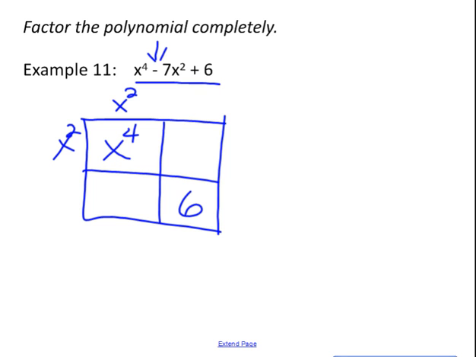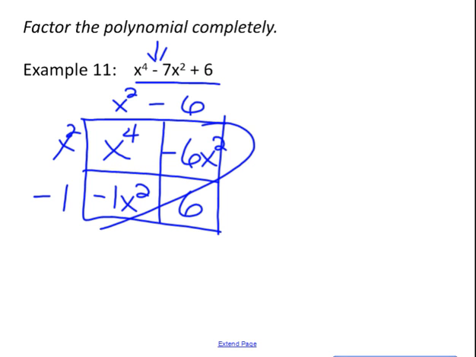So since that's negative, both of these have to be negative. And I'm seeing 1 and 6. So let's check that. If I take x squared times negative 6, I get negative 6x squared. Negative 1 times x squared gives me negative 1x squared. And if I combine like terms, that gives me negative 7x squared, which is exactly what I was looking for.